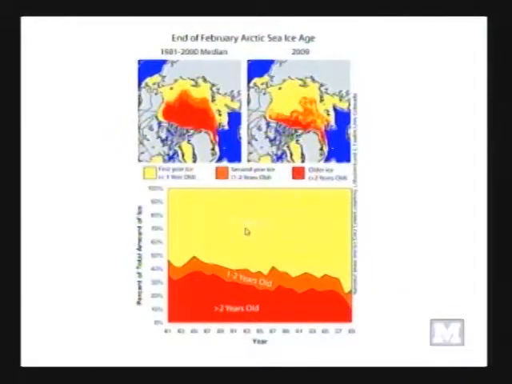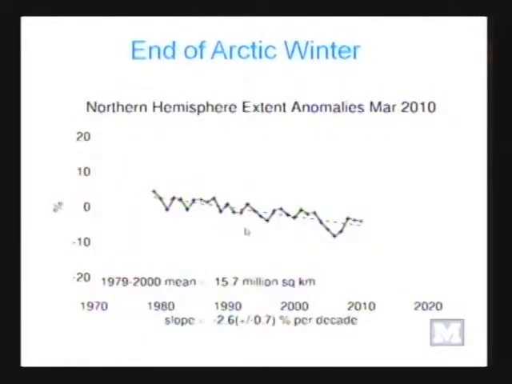Now what about what's happening to the extent of the winter sea ice? Even though I've already told you that it's getting thinner, we're also discovering that its areal extent is diminishing, although not as fast as the summer's ice. Here you can see the same 20 or 30-year period of winter sea ice.